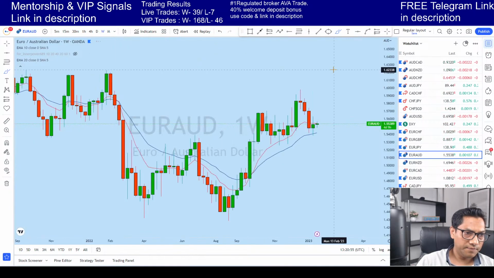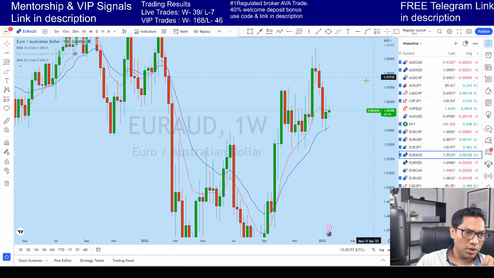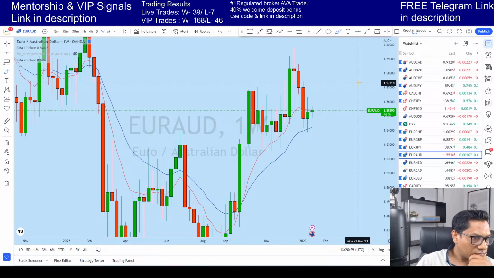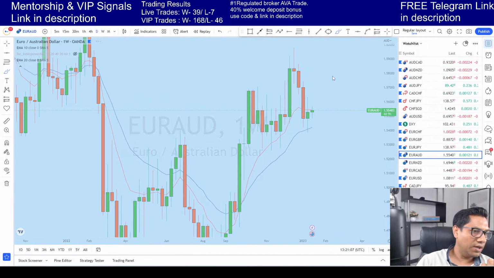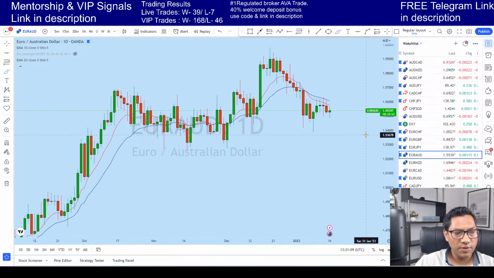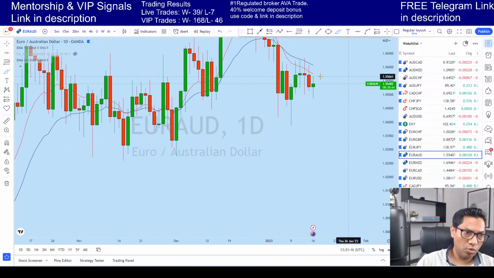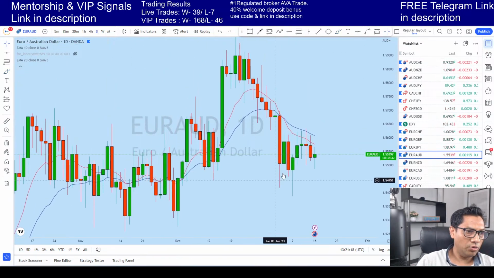Let's look at weekly. And once we look at the weekly, what I see is that I think this is going to be a doji as well, probably sideways. Looking at daily, okay, from the daily now I see that there is a probability for bearish movement on the lower time frame on Euro AUD.